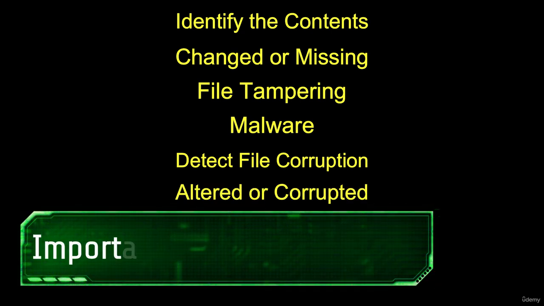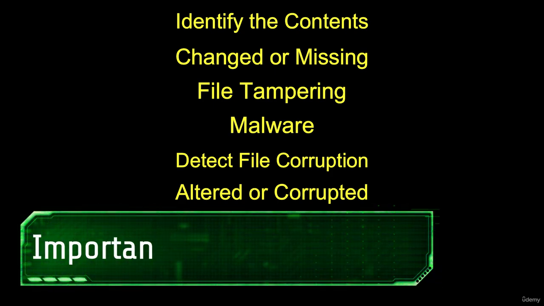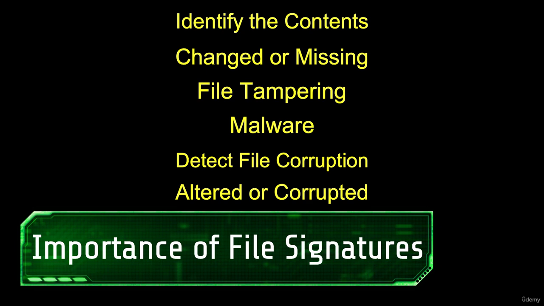So overall, file signatures are an important tool in digital forensics and can help the investigator or analyst identify the contents of a file and detect any attempts to hide or alter its true type.